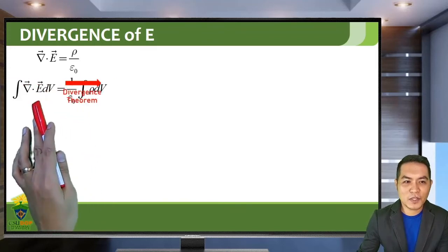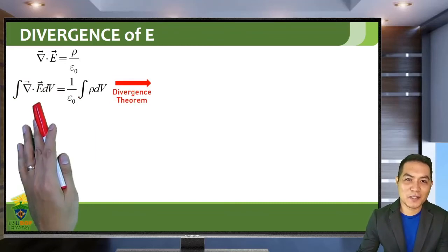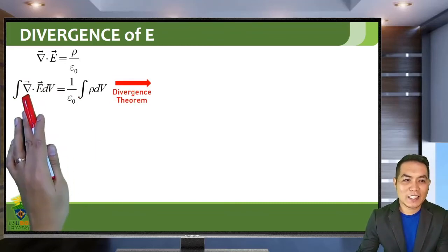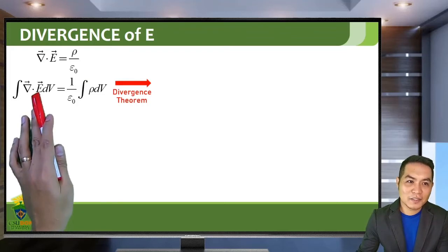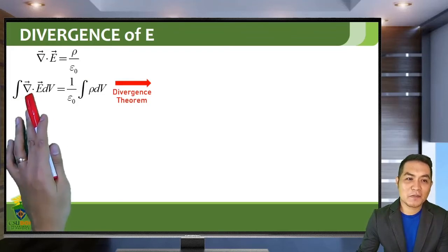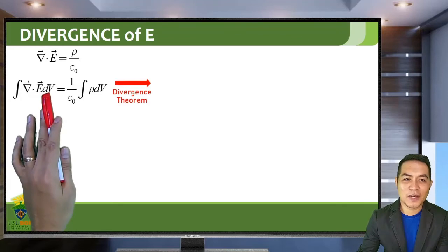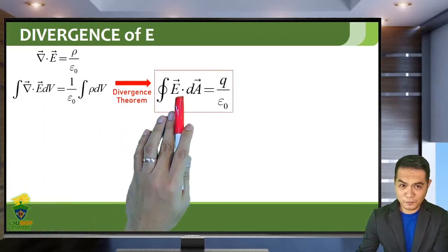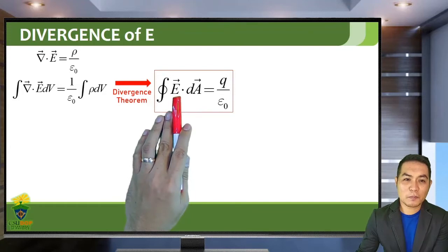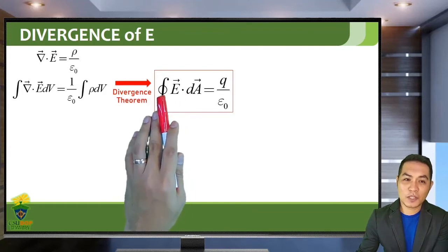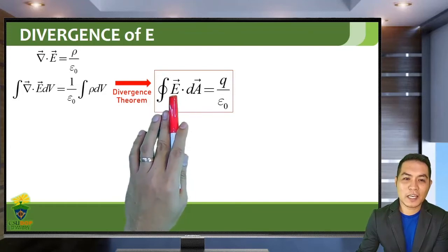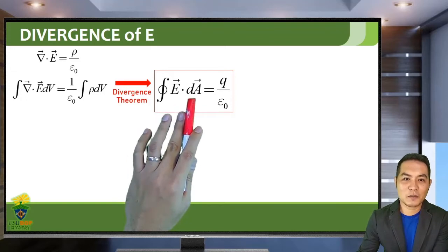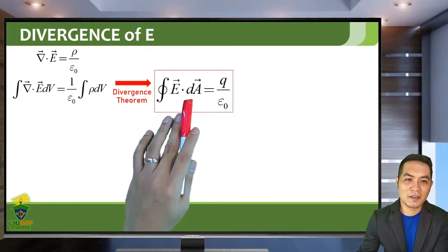And if we use divergence theorem, which you should recall based on your mathematical physics, the integral of the divergence of the vector over a volume V is just equal to the closed integral of the dot product of that vector with the differential area vector.